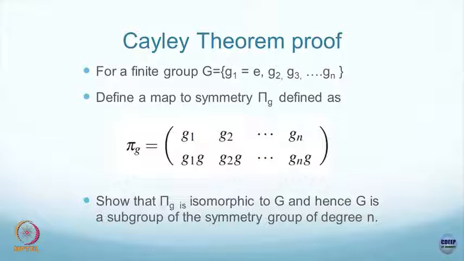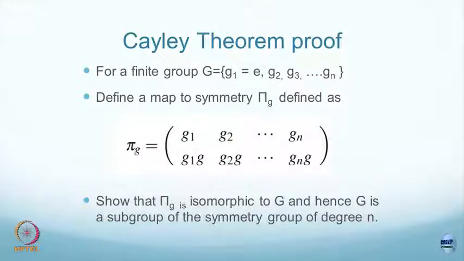The next thing which I wanted to show was the proof of Cayley's theorem. That was also one of the problems which I had given you. So, take a finite group. A finite group will always have an identity element, let me call that G1, and let us take the order of this group to be n.